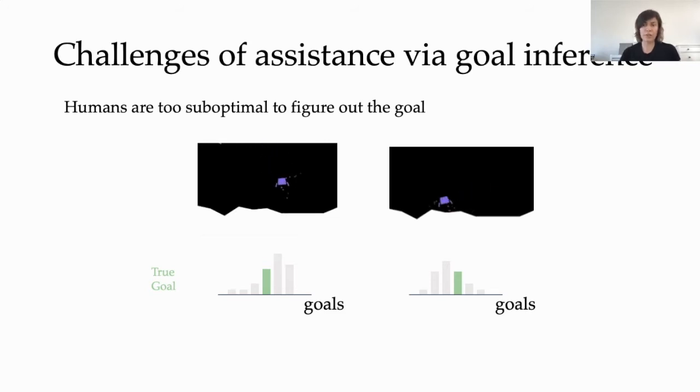Like in the Lunar Lander, they overshoot the goal to the left or to the right, and that leads to wrong inference. You can see here a distribution over goals for these two examples. By overshooting to the right, the assistant infers the goals on the right as opposed to the true goal, which is here in green. And then the assistant assists with the wrong goal, which is bad.